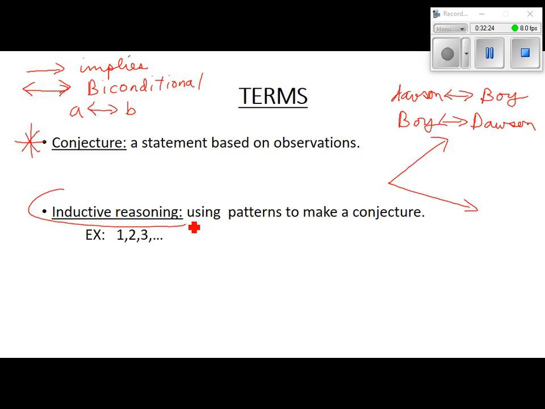Inductive reasoning. If you wanted to write something down with inductive reasoning, one word for it is patterns. Inductive reasoning always deals with patterns. So with inductive reasoning, you see a pattern.